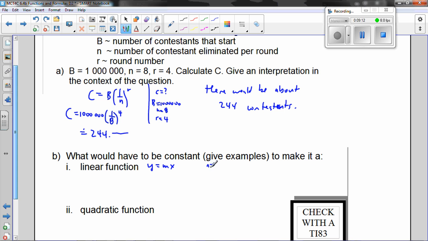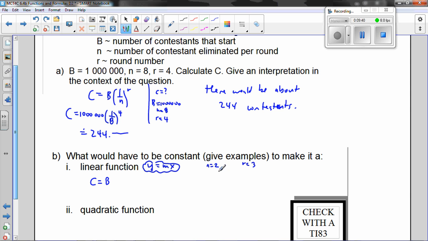For instance, if N is 2, that would be half the people eliminated per round, almost like a basketball tournament. Maybe the round number can be 3, and we'll see if we end up with a linear function. That was the goal.